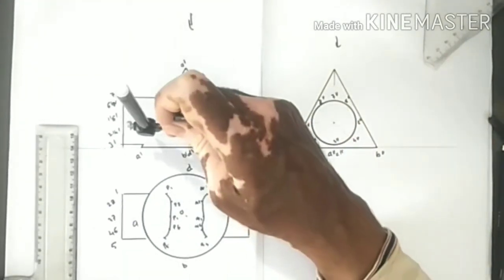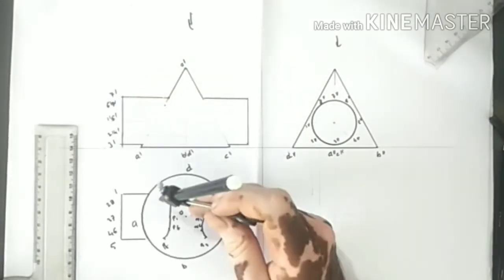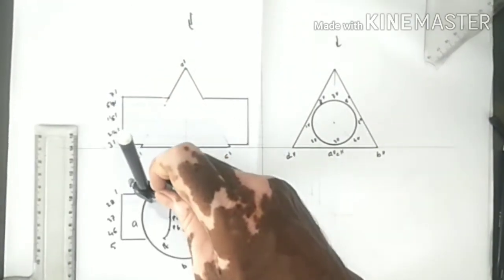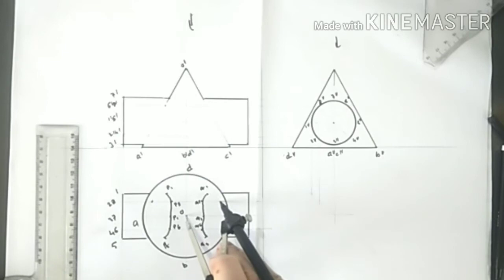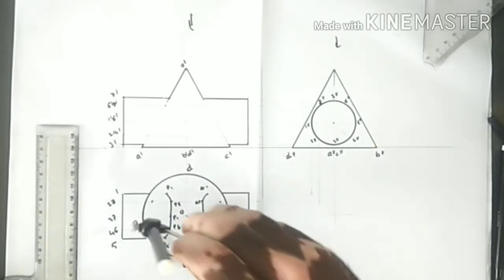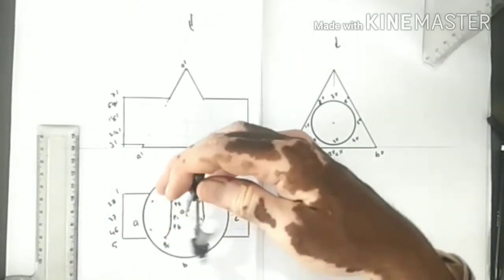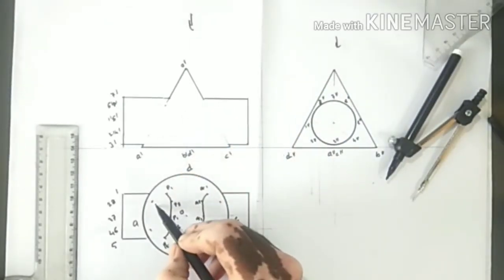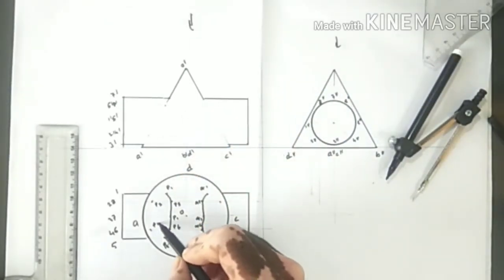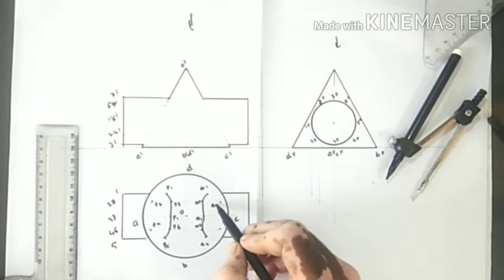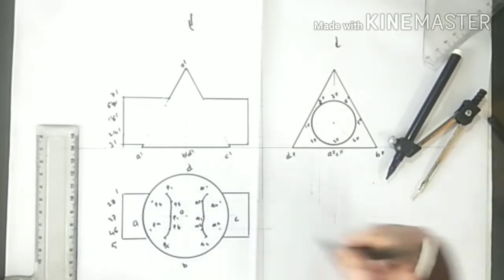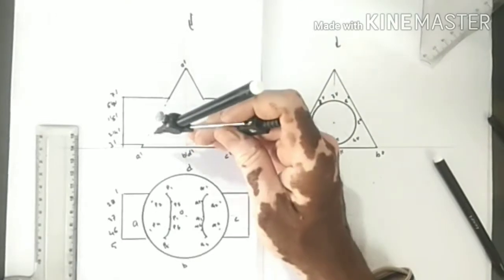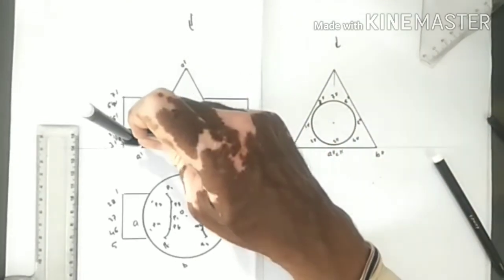Then axis O24. So this O2 and this 2, this 4 and this 4. So this P2, P4, right hand side Q2, Q4, and last one axis 3.